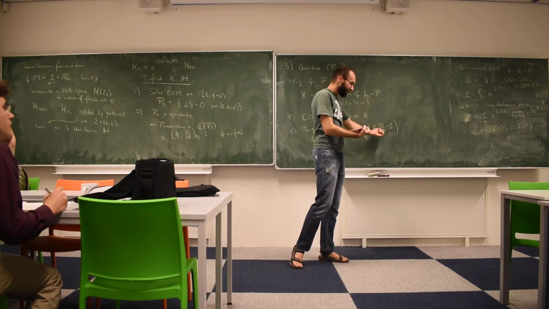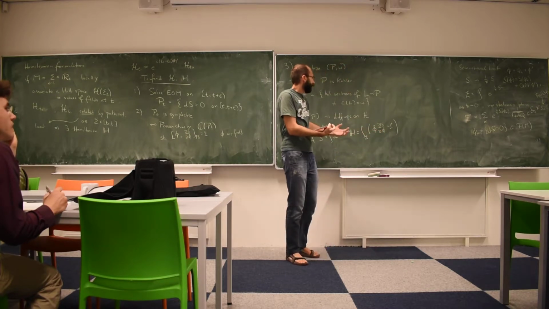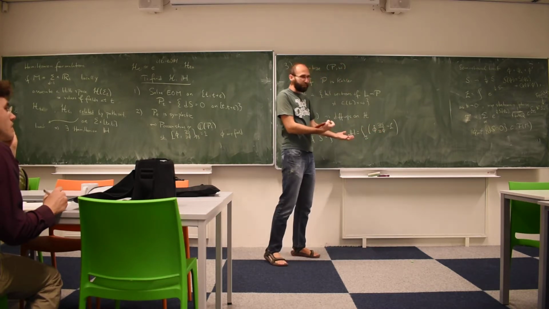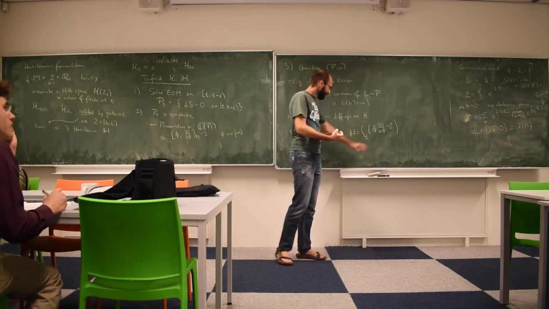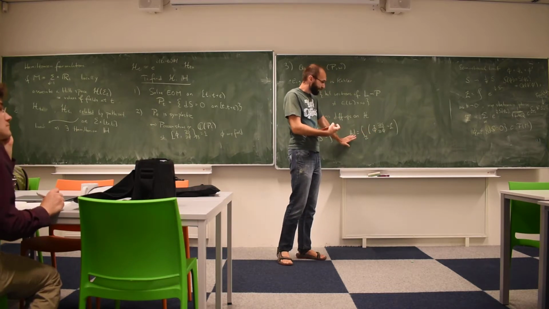There's a sum over all fields. There are better ways of saying this. I just wanted to write a formula down. So there is a way to extract classically the Hamiltonian.